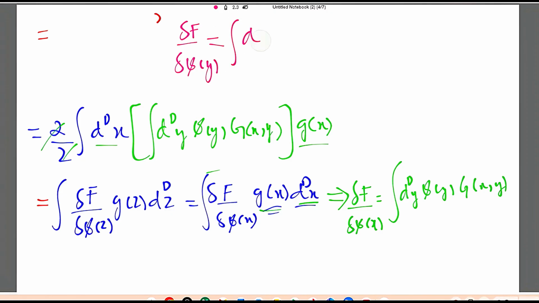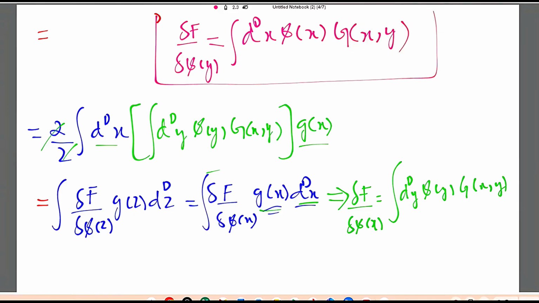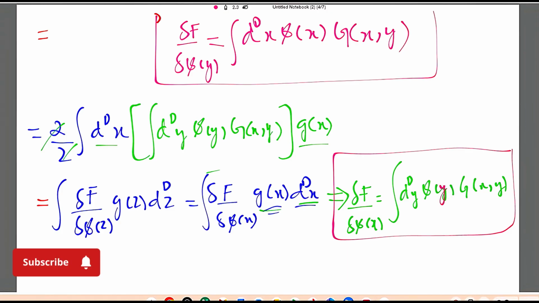Wherever there is x, write y, and wherever there is y, write x. So dy will become dx, phi of y will become phi of x, and since g is symmetric in x and y, it will not change. This is the functional derivative with respect to phi of y, and this is the functional derivative with respect to x. I hope you can see it quite clearly.